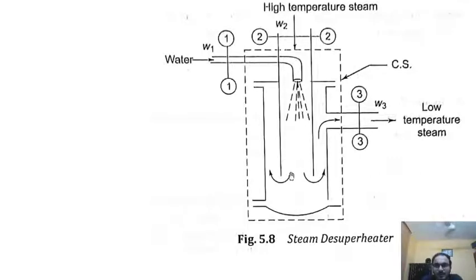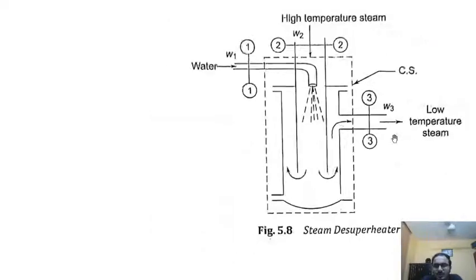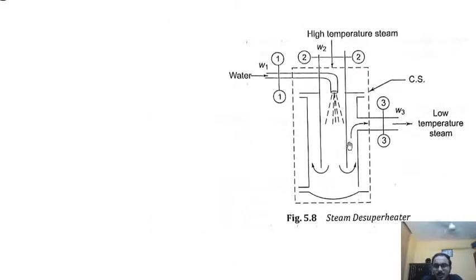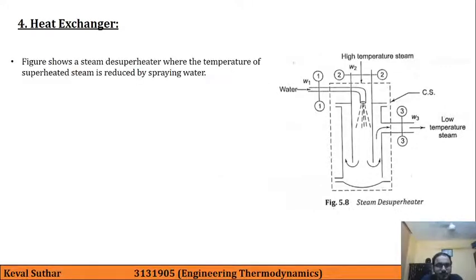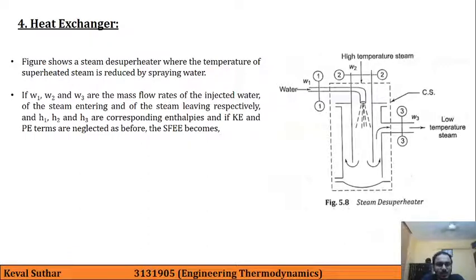And here there is one exit, which is at section 3, which is W3 mass flow rate, and it is low temperature steam coming out. So this is called a steam desuperheater. Figure shows a steam desuperheater where the temperature of superheated steam is reduced by spraying water.